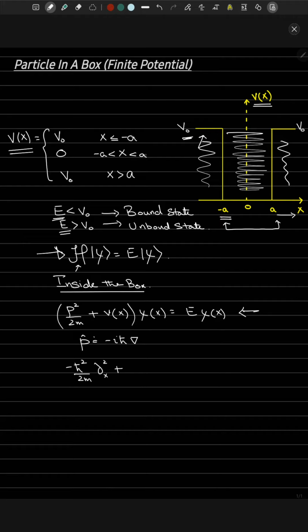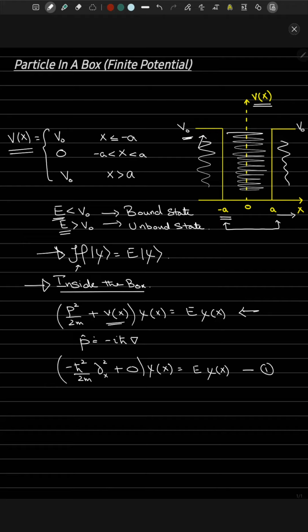Now note that inside the box the potential V of x is basically 0, so instead of V of x I'm going to put 0 because we are discussing the case inside the box. Then you would have psi of x is equal to E times psi of x. And that's for inside the box. So let's call this equation 1.